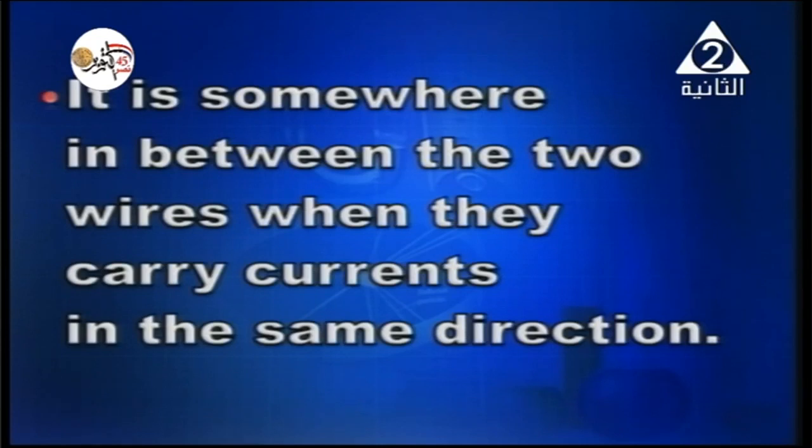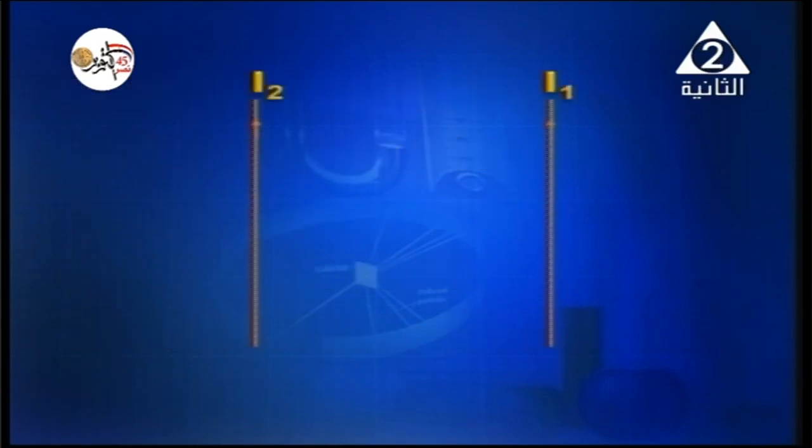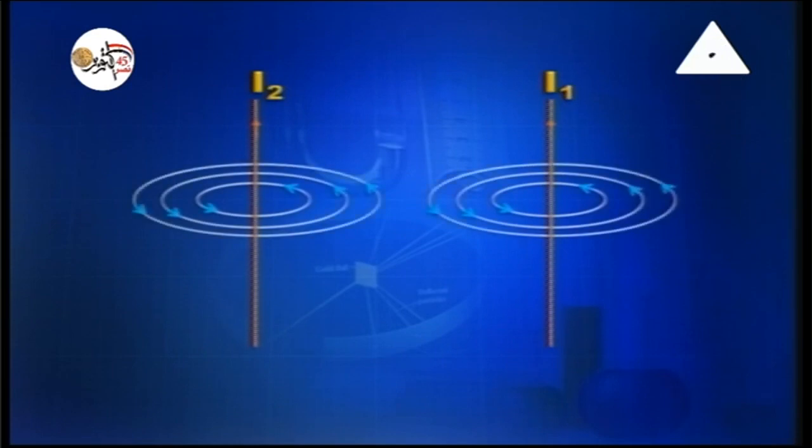So when the two wires carry currents in the same direction, it will be between the two wires. Two wires in front of you carry currents in the same direction, currents I1 and I2. So the fields between the two wires are opposite, so we expect to find a neutral point.